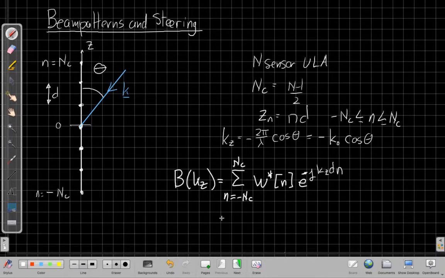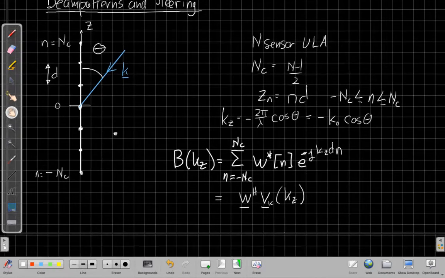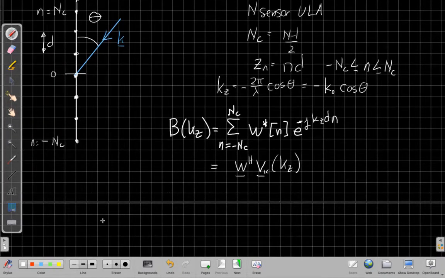And when we write it in this way, we also saw last time, we can also think about this as a dot product of two complex vectors. One vector is all the array weights, and the other one is the array manifold vector. For tonight, for now, we're going to talk about this in the k_z version. The textbook defines these in different ways. We use different spatial variables, sometimes u, sometimes theta, sometimes k_z.